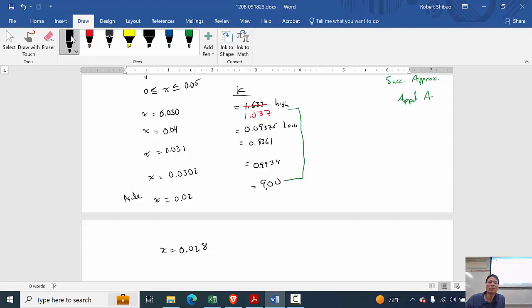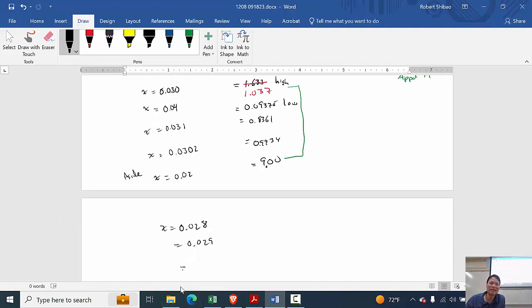Okay, then you go, it's going to be between 0.028 and 0.029 next, right? What did you get for 0.028? Did you write it down? I did. All right. And then you probably went to 0.029. And then you went to 0.0283. And then it still didn't quite round off.